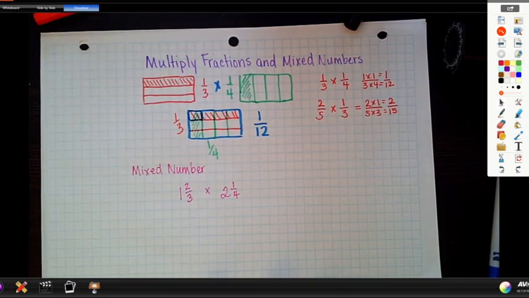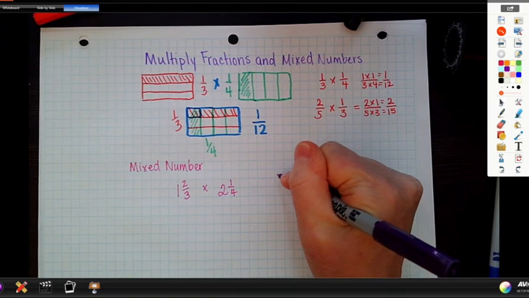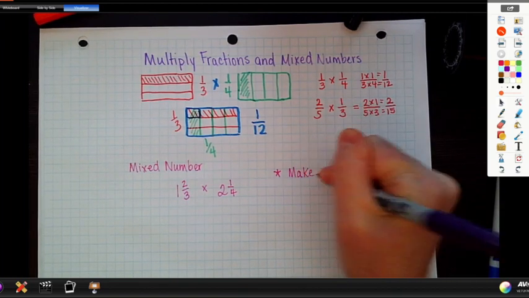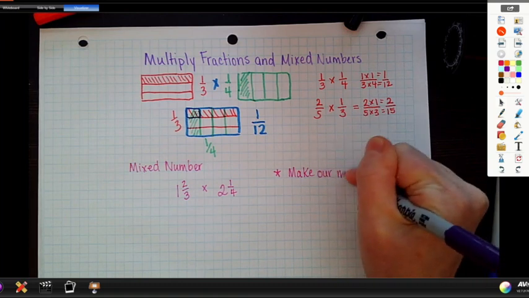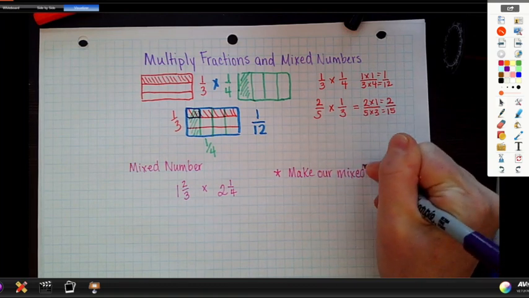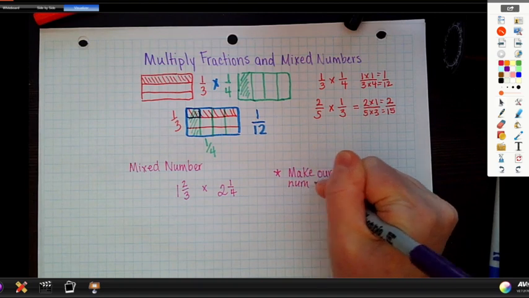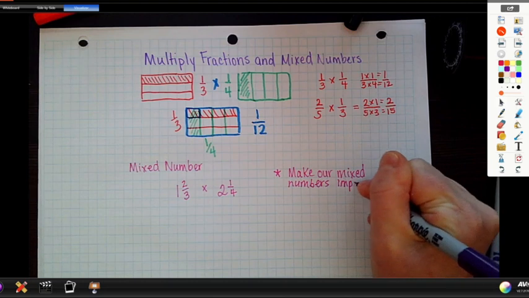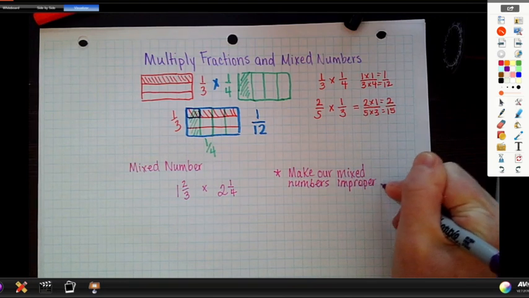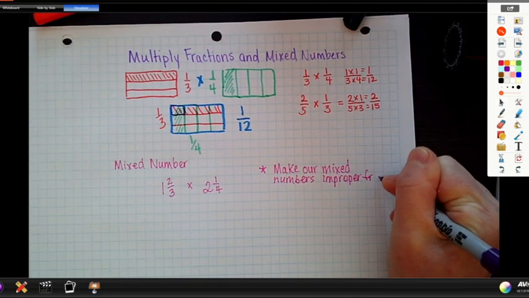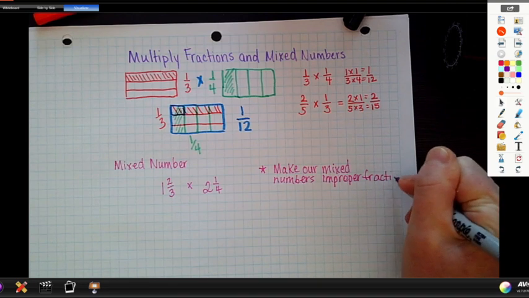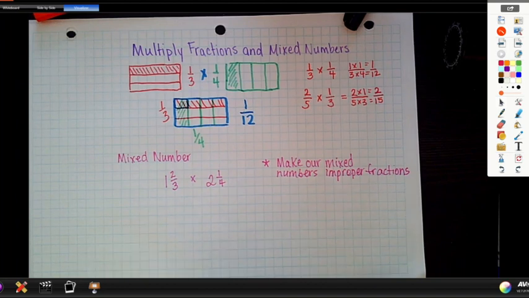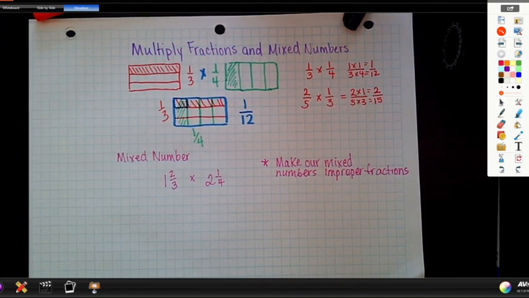Okay, so the first thing we need to do, kind of like step 1, is we need to make our mixed numbers improper fractions. It's easier to multiply these if they are in fraction form. So we're going to make them improper fractions. So all that practice that we did on equivalent fractions, this is one of the reasons why.